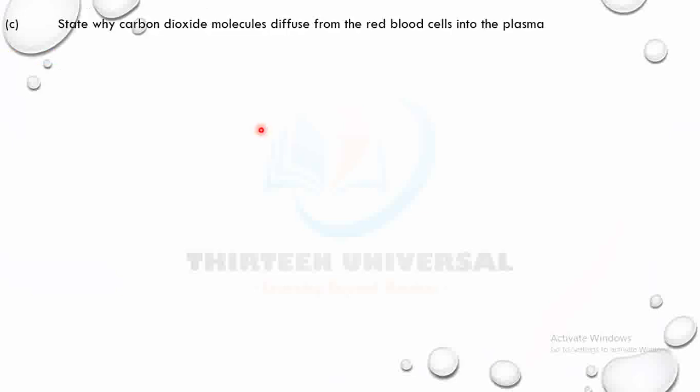Okay, next: why do carbon dioxide molecules diffuse from red blood cells into the plasma? Carbon dioxide molecules diffuse from the red blood cell into the plasma to be transported as a dissolved gas.